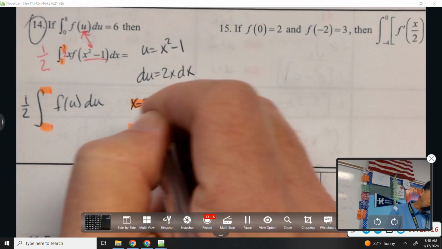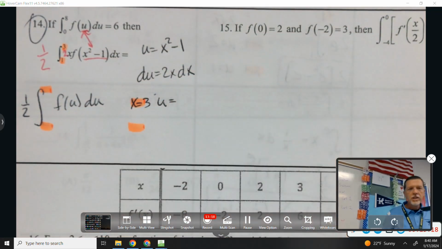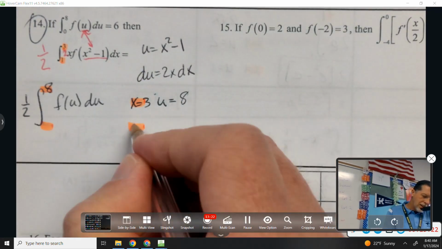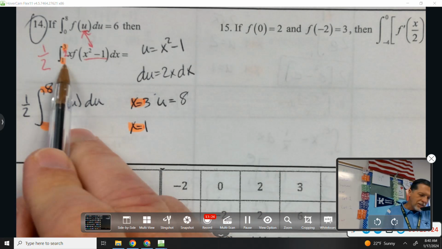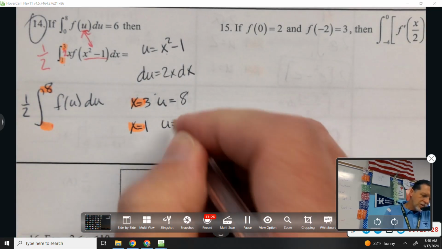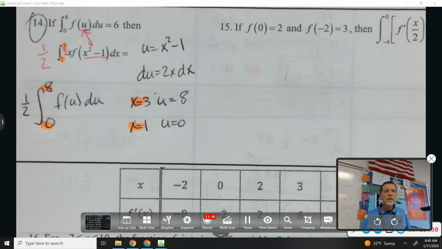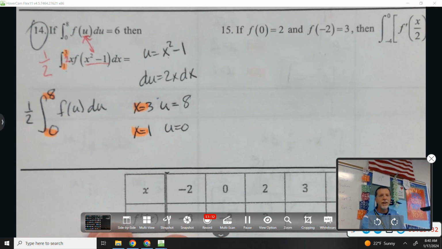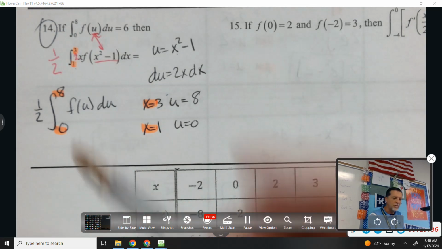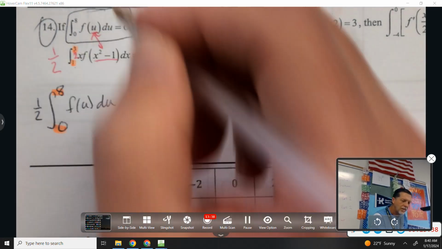Alright, if x equals 3, then u equals 9 minus 1, which is 8. And for the bottom one, if x equals 1, 1 minus 1 is 0. So the bottom limit is 0. And that's kind of what I expected to happen. Otherwise, this piece of information wouldn't have been any good. So that's 6.